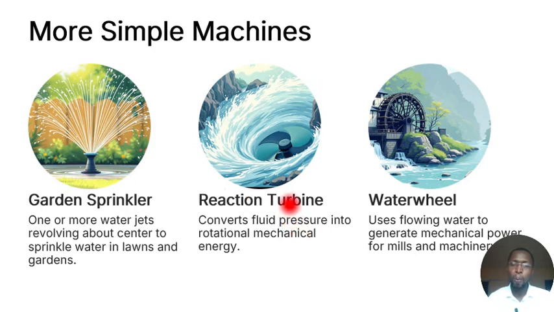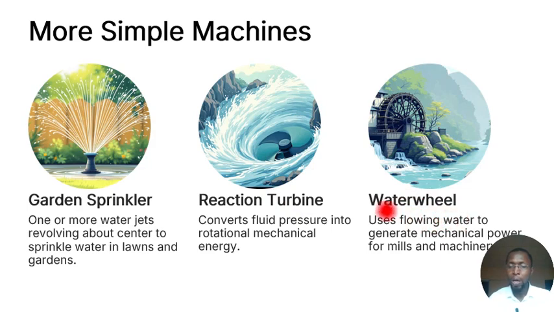We have the reaction turbine. This converts fluid pressure into rotational or mechanical energy. So what this reaction turbine does is that the fluid, in this case, let's say it's water, it converts into rotational mechanical energy. So it turns the water round and round, which invariably moves any object that is required to be moved. All right. And the last one of these pneumatic and hydraulic systems is the water wheel.